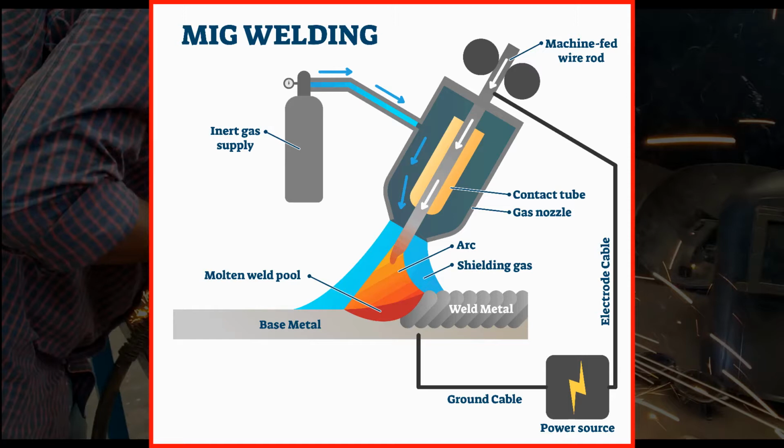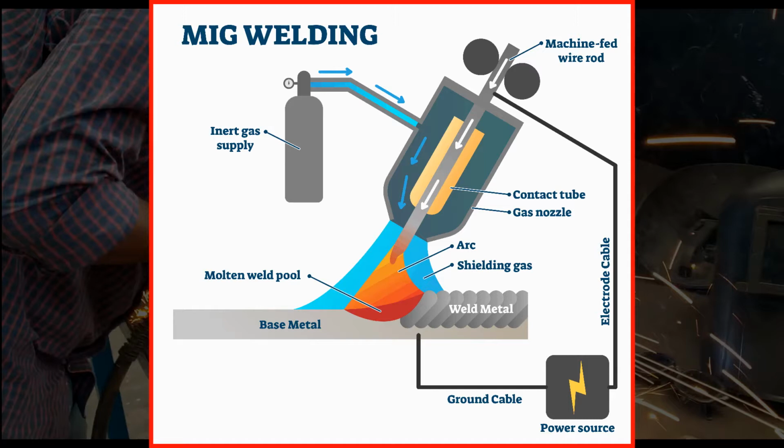That's why we use the inert gas, and a continuously feeding wire electrode is also used. With the help of a motor we can continuously feed our wire rod into the process. As the power source, we can use an AC power source as well as a DC power source.